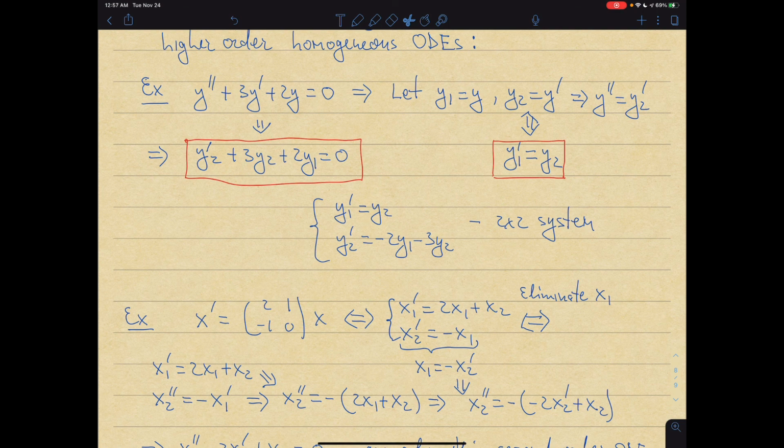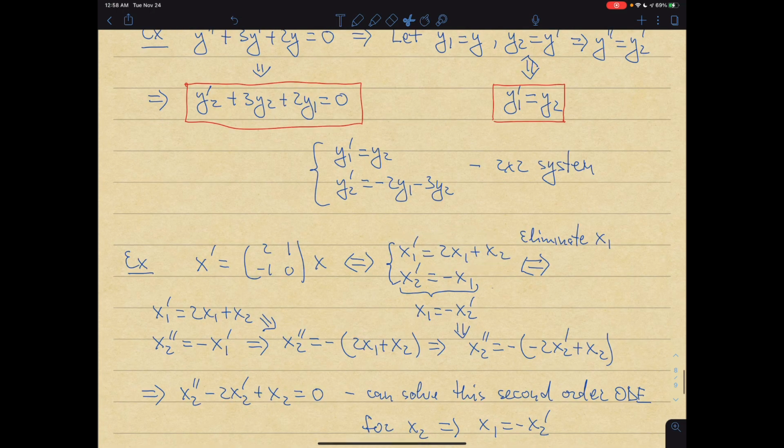The way I'm going to do it is I'm going to take the second equation, not the first. I could do this with the first equation too, but let's do it with the second. Take its derivative with respect to t, and keep the first equation the same.